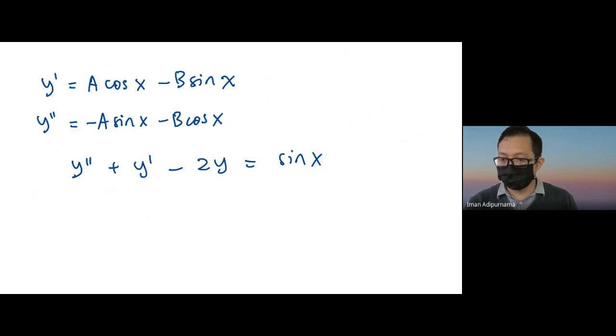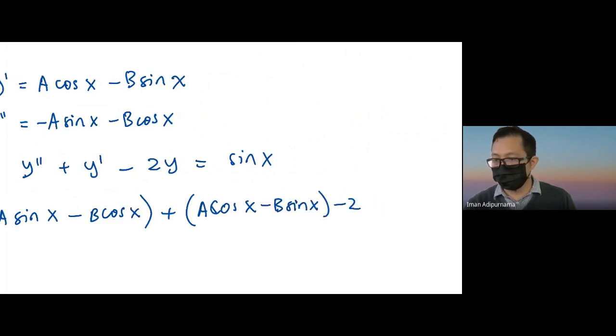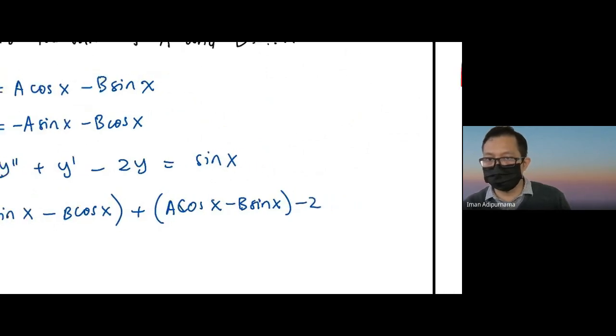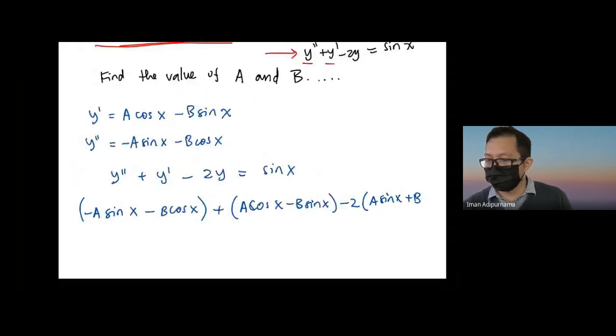Writing y double prime, minus a sine x minus b cos x, plus y prime, and minus 2 times the function itself, a sine x plus b cos x, this equals sine x.